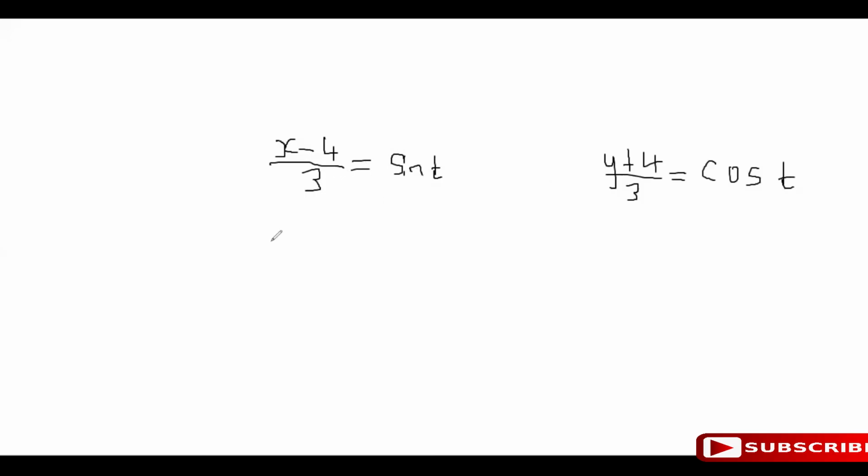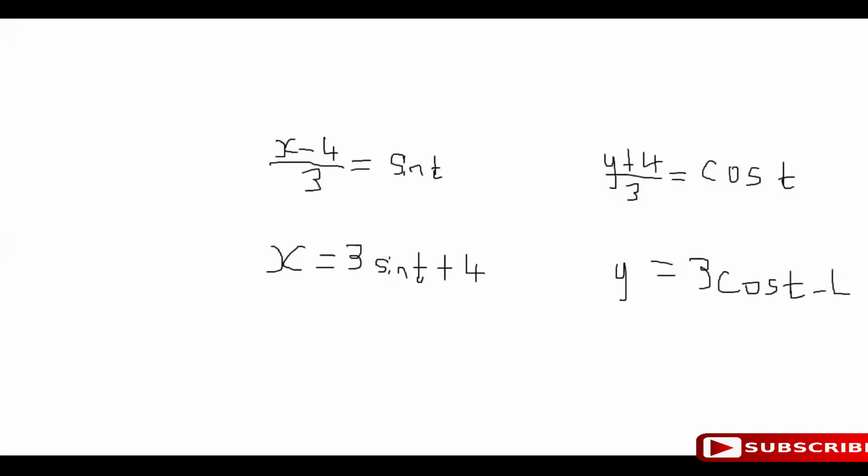So let's see what we get now for x. If we bring over this, we're going to see that x would be equal to 3 sine t plus 4. And y would be equal to 3 cos t minus 4.